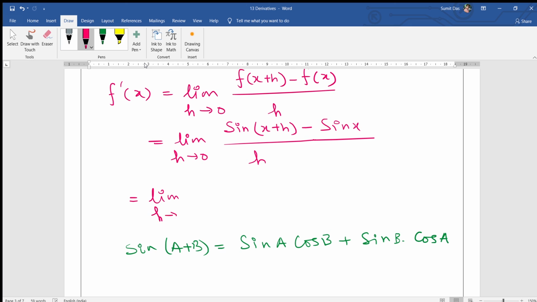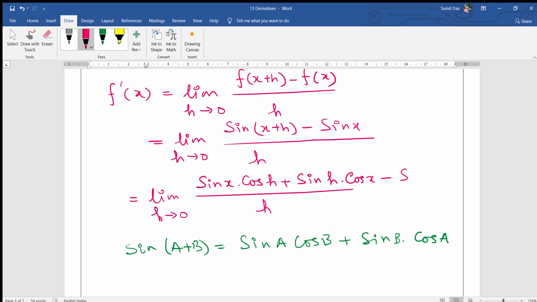So limit h tends to 0, divided by h, sin(x plus h), so sin a cos b: it will be sin x cos h plus sin h cos x minus sin x.